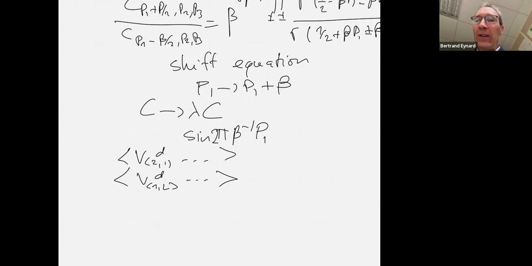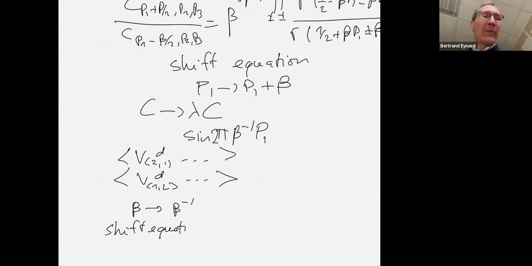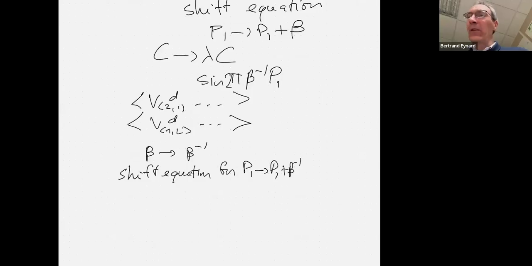So it gives us a shift equation for the behavior under P1 goes to P1 plus beta inverse. And now this becomes really constraining because the ratio of two solutions has to be a function with two periods, a function which obeys f of P1 equals f of P1 plus beta equals f of P1 plus beta inverse.